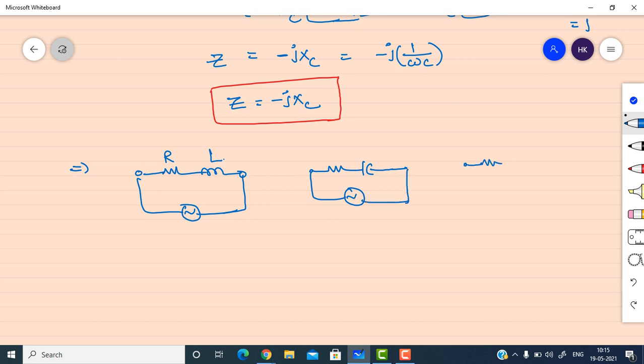The next circuit we have 3 elements R, L and C. What is the impedance of each circuit? These are all series circuits.